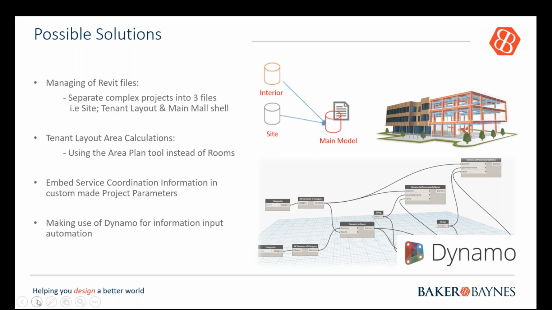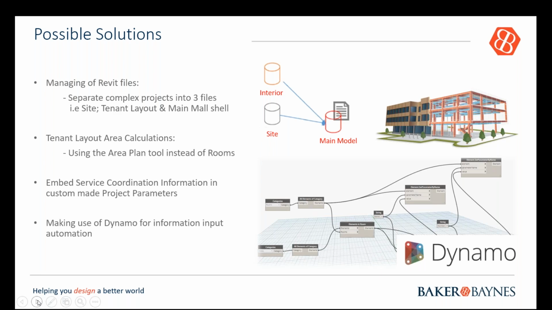A couple of things that we had tried out with different clients was separating the Revit files into a separate project for the site, a separate project for the interior or the tenant layout, so you can manage the processes of that, and then a separate Revit project for the actual main building, where you'll be building the majority of the public space and just managing things like schedules and so on in that main file, and working drawings as well.